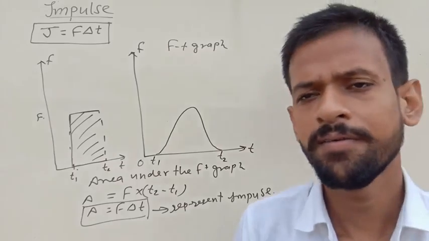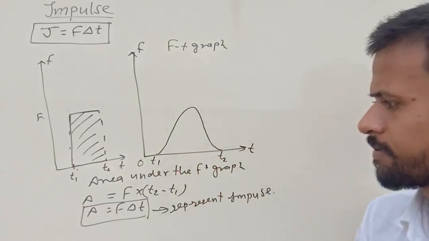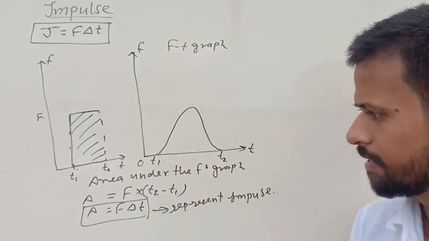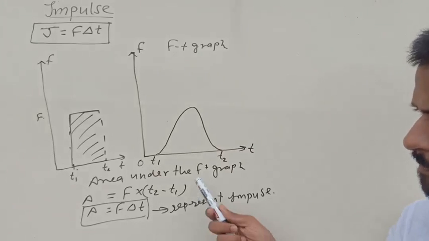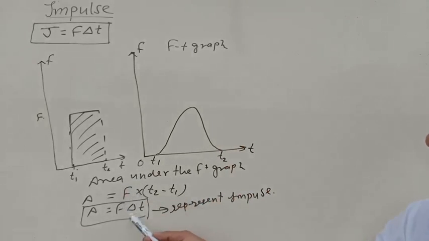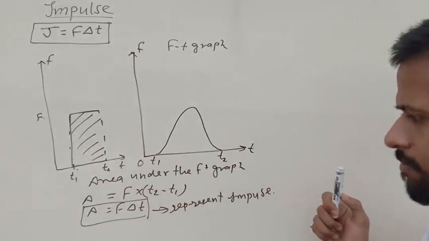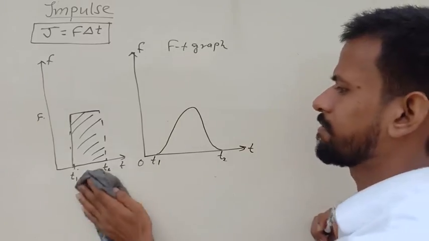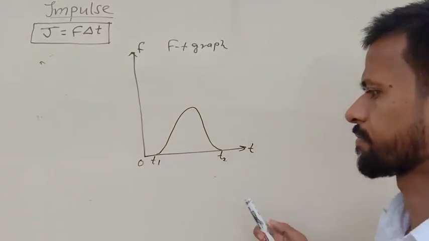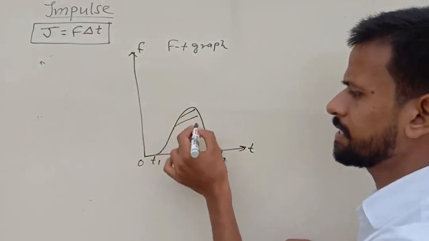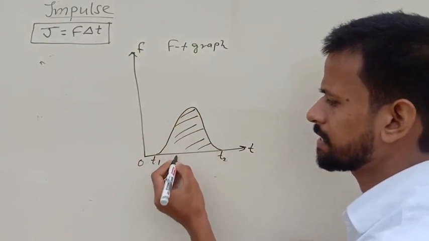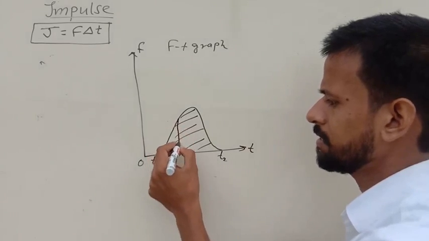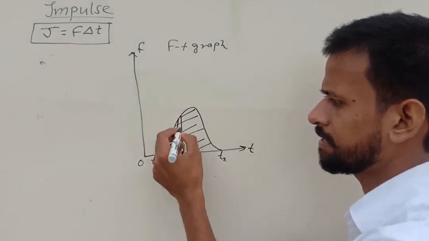Okay. Now if force is not constant for the interval of time, force is variable, then how will we calculate the area or impulse? Basically area means impulse in the case of the FT graph. So for the calculation of this particular area, we take a small element and that average force.